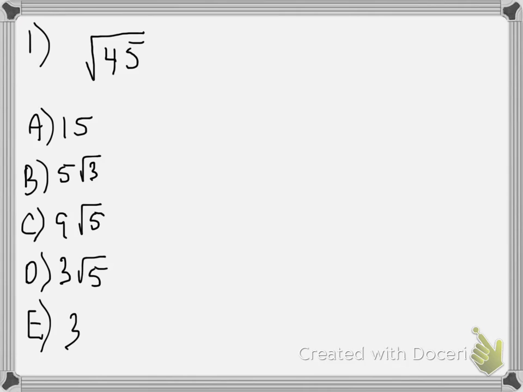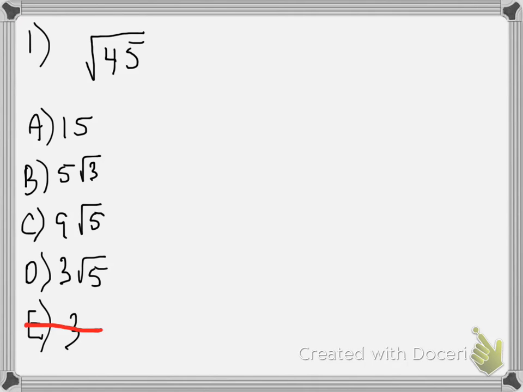Okay. Again, some of these things we can get rid of right away. Hopefully you realize that that is the square root of 45. In other words, we are looking for a number that multiplied by itself gives 45. And hopefully you realize that 3 squared is not 45. Okay?